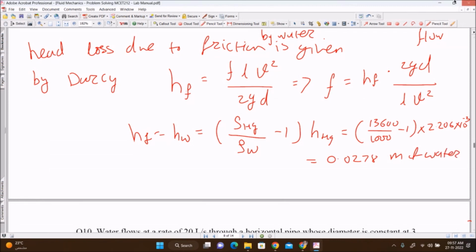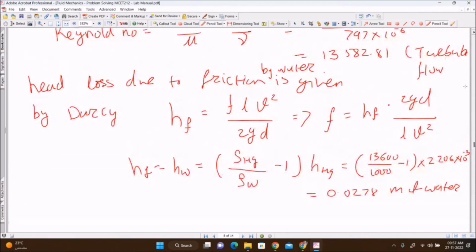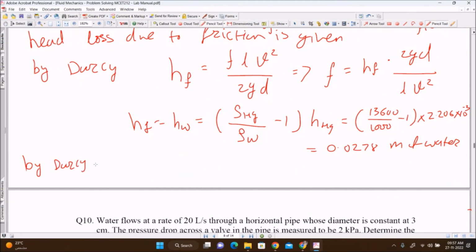So I can put this value in the friction factor, Darcy: F is equal to HF, 0.0278, into 2 into 9.81 into diameter.